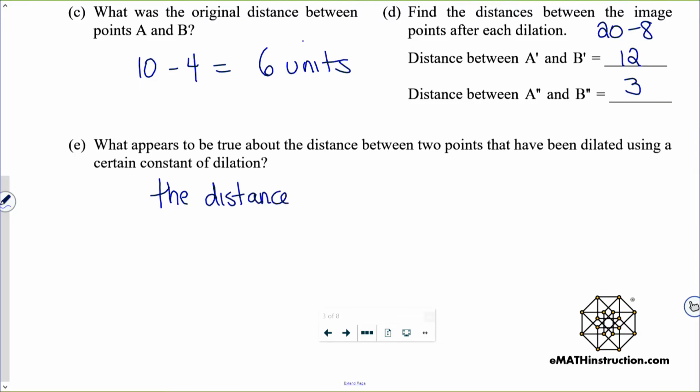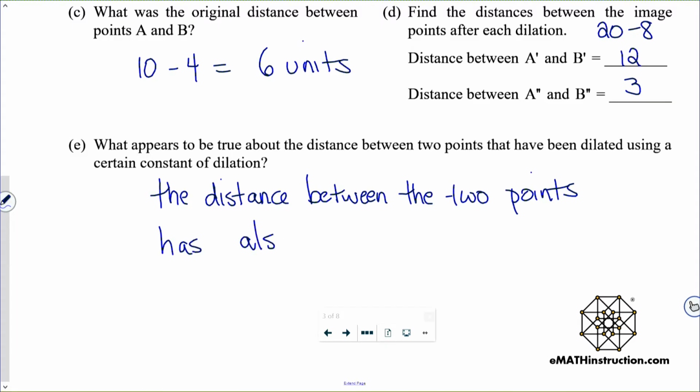the distance between the 2 points has also been scaled by k.